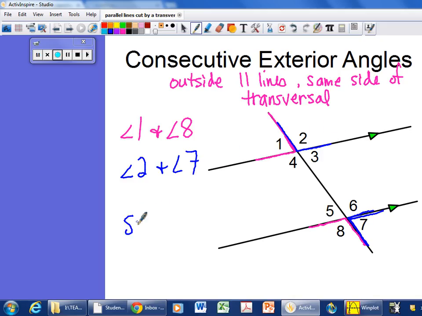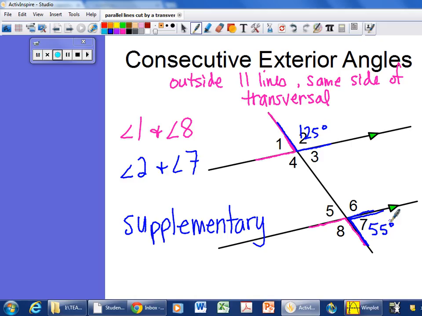And the theorem says that if parallel lines are cut by a transversal, then consecutive exterior angles are also supplementary, just like their consecutive interior angle friends are. Okay, so if angle 2 were to have been 125 degrees, that means angle 7 would have to be 55 degrees, because those two angles add up to 180.